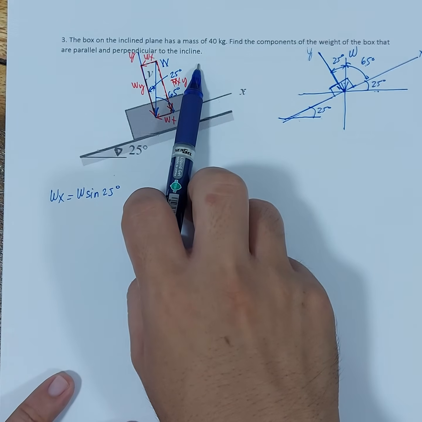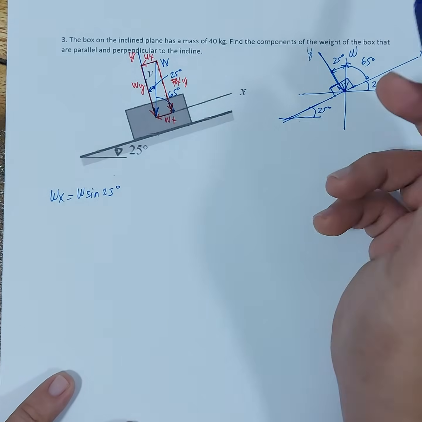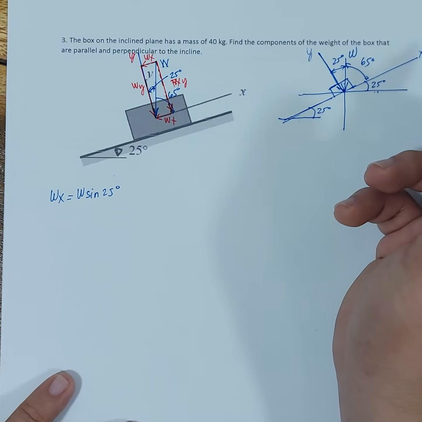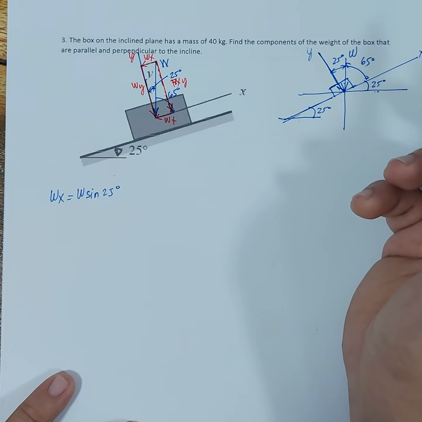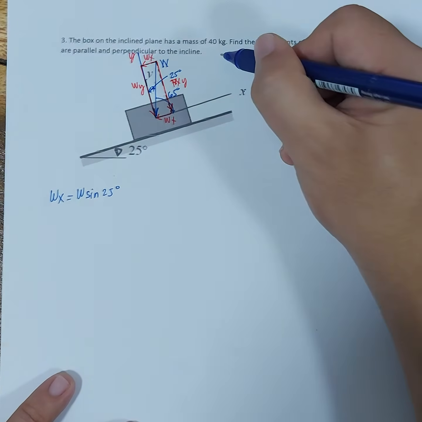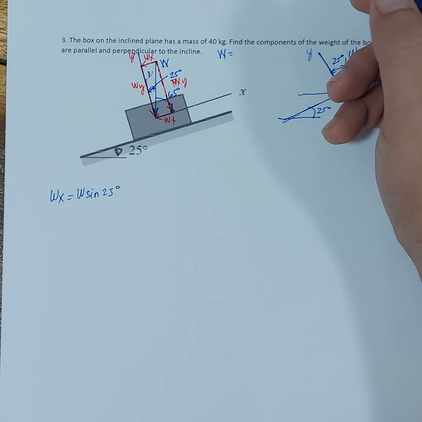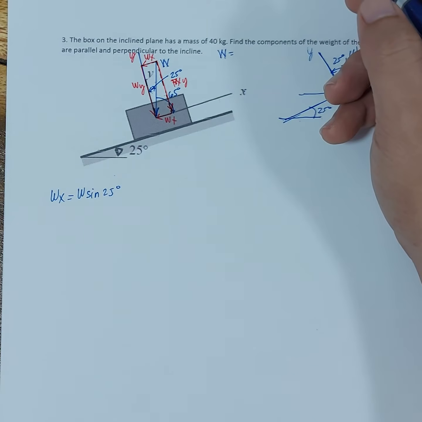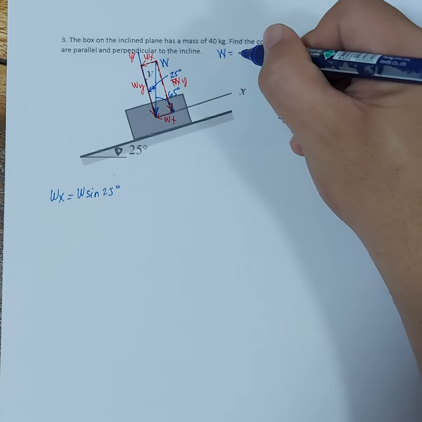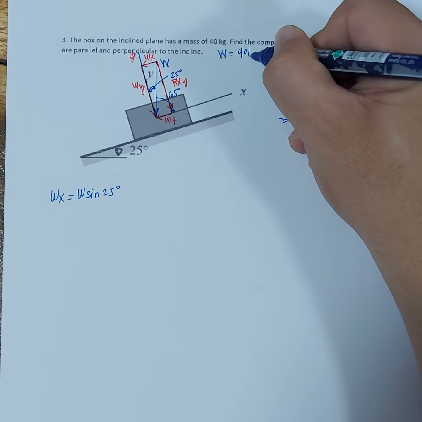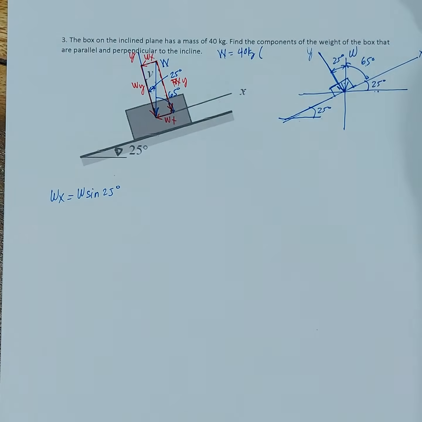By the way, hindi pa natin na-compute yung W natin. Ang given pala ay yung mass ng block. So let's try to compute first for the weight. No? How do you compute for weight again? Weight, given yung mass, so we simply multiply yung mass natin, which is 40 kilograms, by gravity.